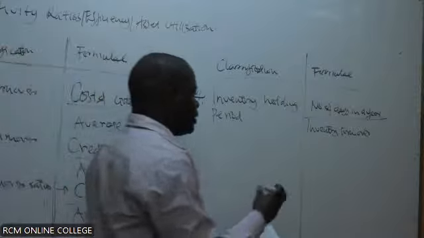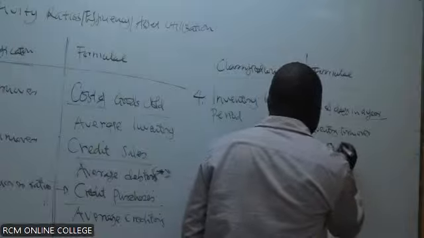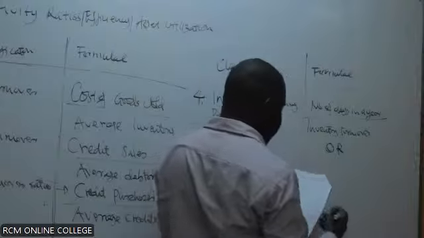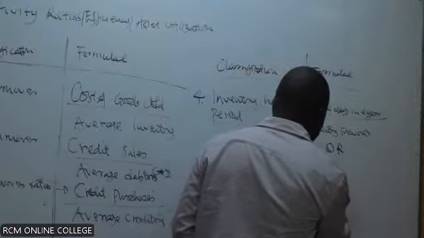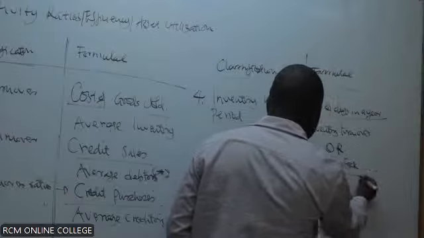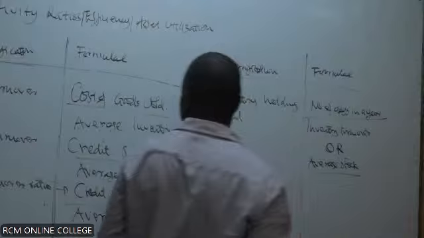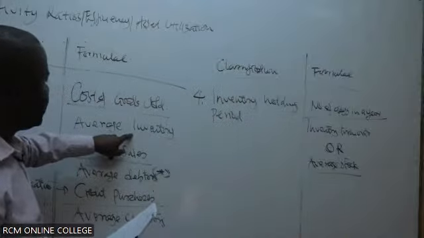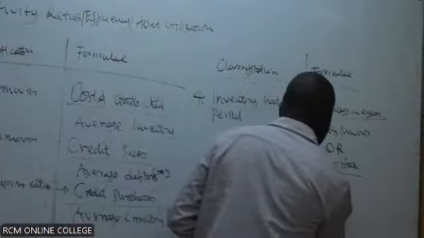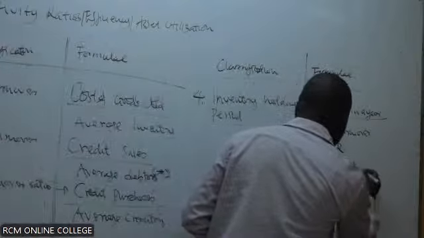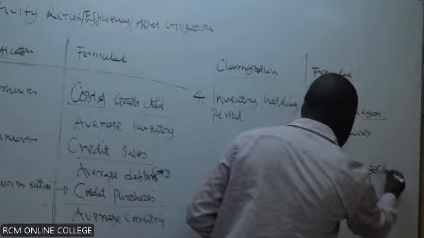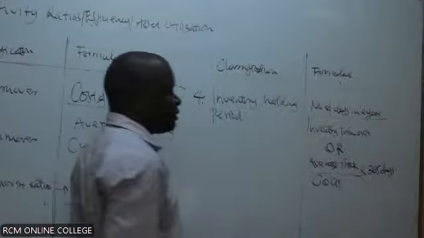Alternatively, you can just do this. Take average stock, or average inventory, and divide by cost of goods sold, now you reverse this formula. Then you multiply by 365 days.